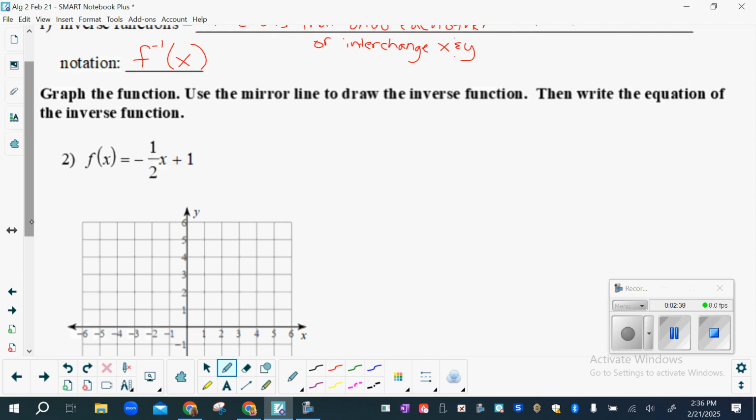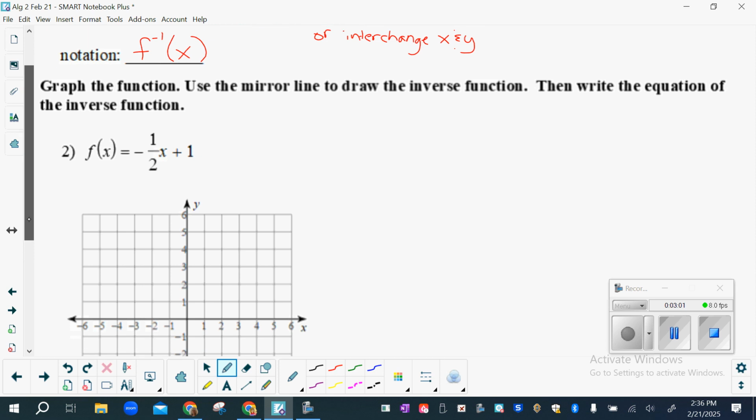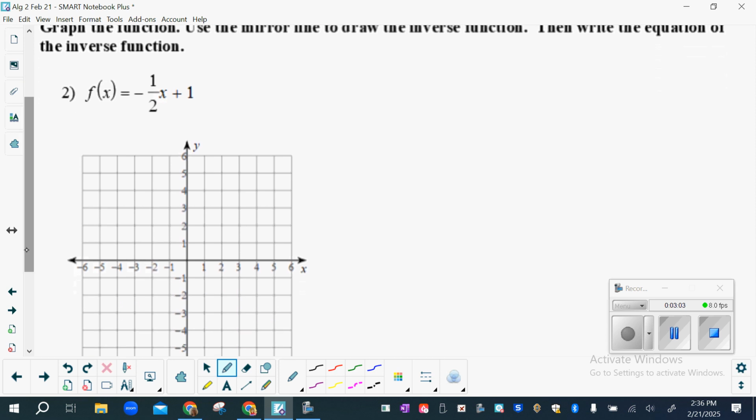No. Is there a square root? No. Any x cubed? No, it's just plain x. So when we've got that x and that y, that means it's a line. When you have a different exponent on that x, that makes a different shape. So this is going to be a line, and this is slope-intercept form.